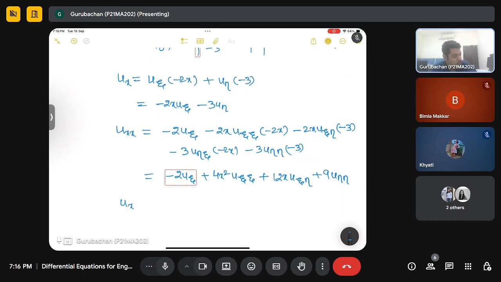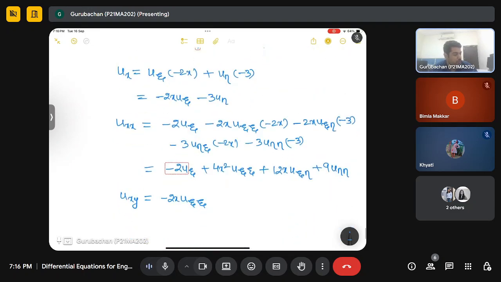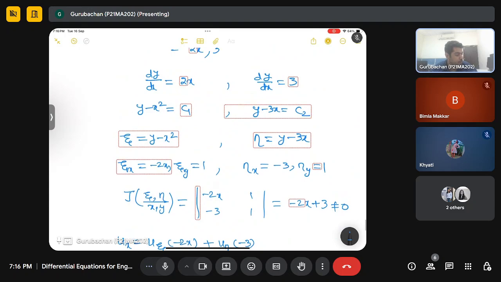Next is uxy. For uxy, we have to differentiate this ux with respect to y. So this x will not disturb us. U xi xi, and xi with respect to y is 1. So this will be as it is, minus 2x u xi eta, and eta with respect to y is 1.